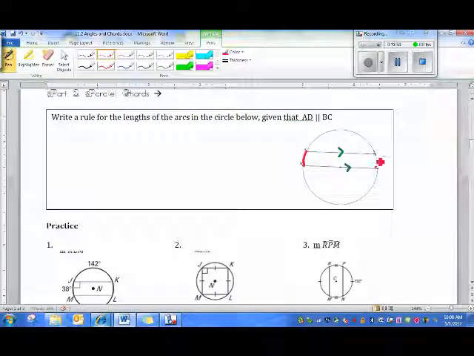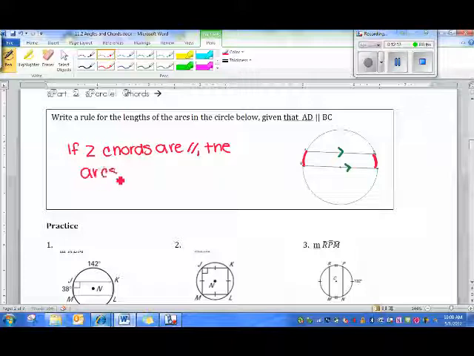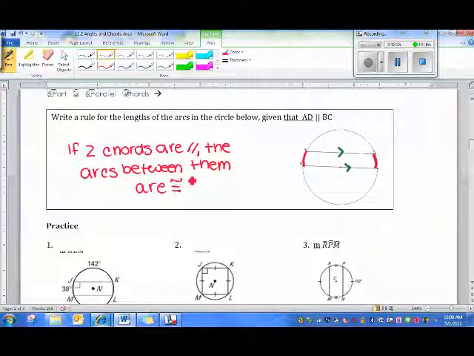So if 2 chords are parallel, the arcs between them are congruent. Okay, so in this case, arc AB is congruent to arc DC.